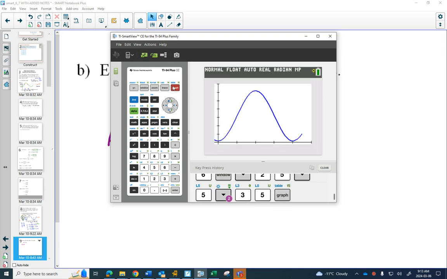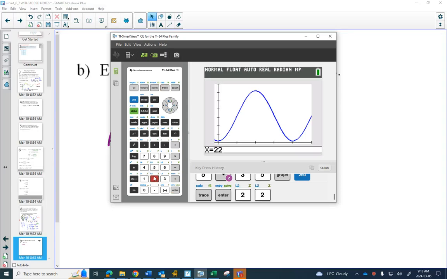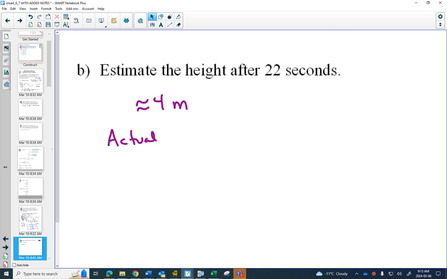Now when I graph it, I can see this Ferris wheel ride. And if I want to find exactly where I was at 22 seconds, I can go second trace. This time I want to find a value. When x is 22, push enter. 3.86. Oh man, we got lucky with our guess.